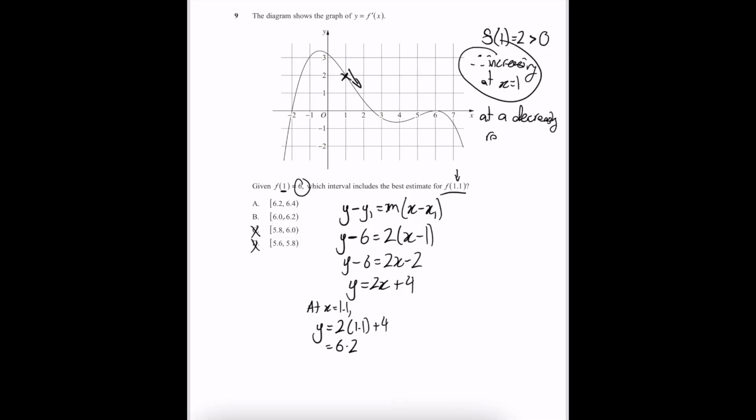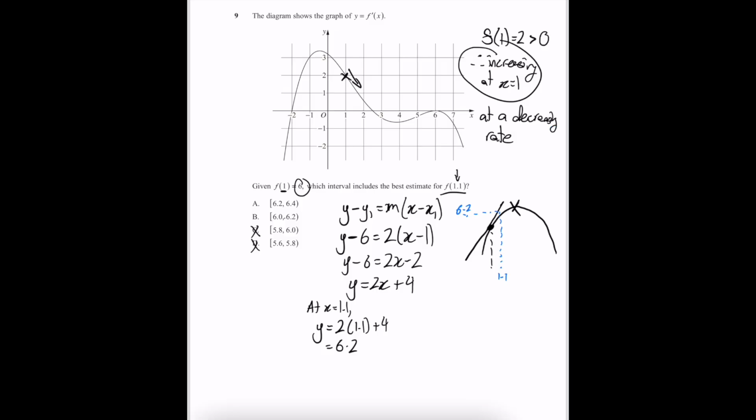At a decreasing rate. So that means we have something that is suggesting that we have a stationary point and x equals 1 is somewhere here, right? So we have this point, we have the gradient of the tangent being y equals 2x plus 4, and we've just concluded that at x equals 1.1, which I'm going to do in blue here, let's say this was 1.1, this y value is equal to 6.2 at 1.1.